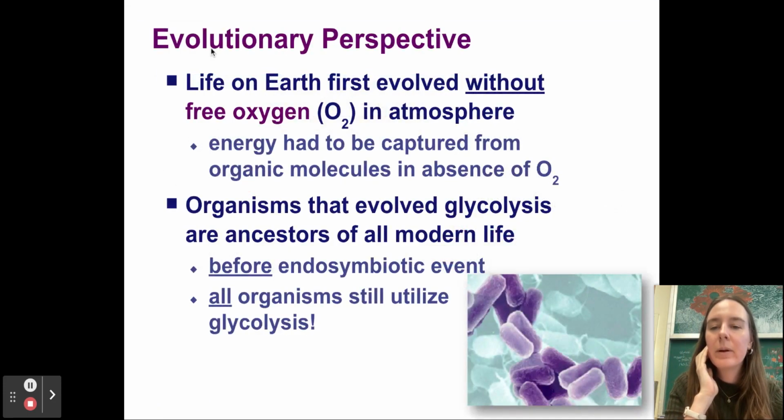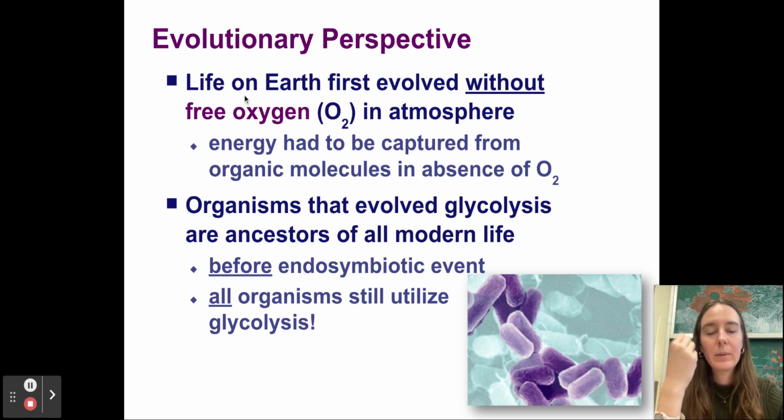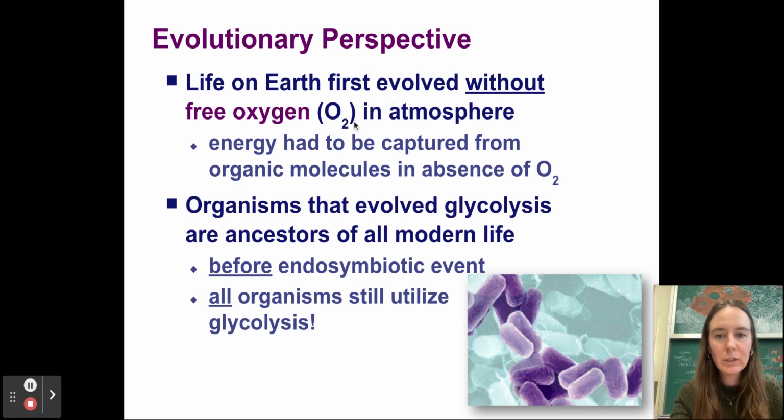So I want to talk a little bit about the evolutionary perspective, like thinking about how this connects to the evolution of life on Earth. So there was a time when there was life on Earth without free oxygen, O2, in the atmosphere. So you think of bacteria, right? The original prokaryotes. Energy had to be captured from organic molecules in the absence of O2.